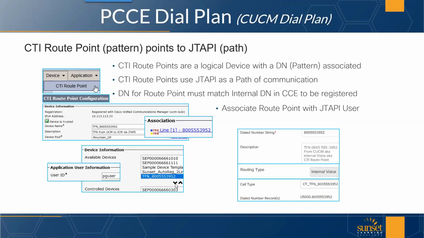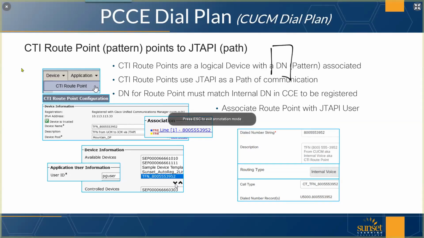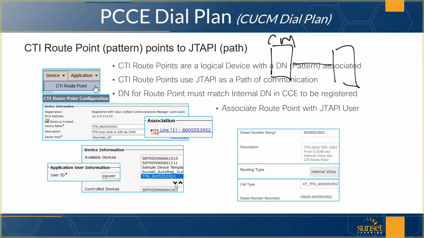Here is another approach that is not using a route pattern, but a CTI route point, which is our pattern that's pointing to the JTAPI path. And that means, if you step back one, that call manager, PG, ICM, here is my JTAPI protocol link.